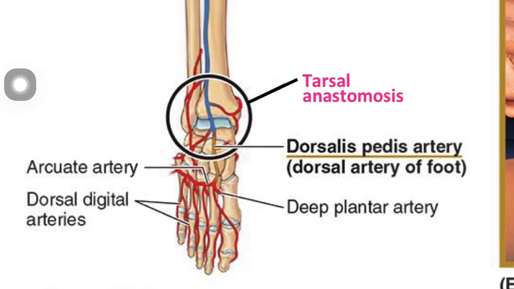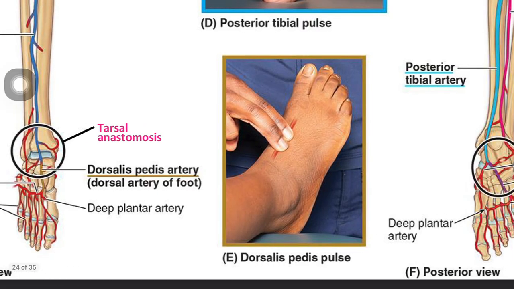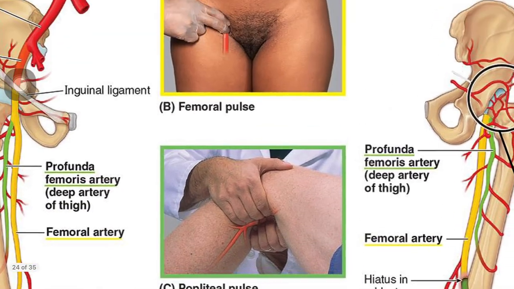Say if someone has problems, say diabetic patients with poor blood glucose control, some of the tissues here are actually not receiving enough blood. If you want to check whether the circulation is in good shape, in good condition, then you may have to find different locations to feel the pulse, okay?